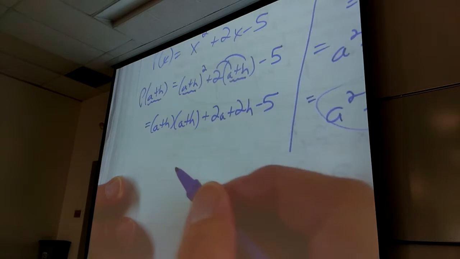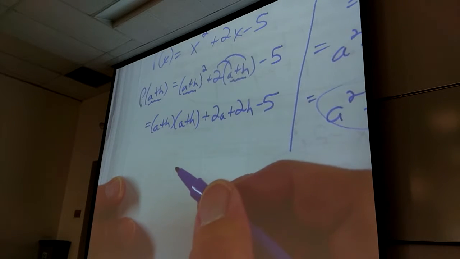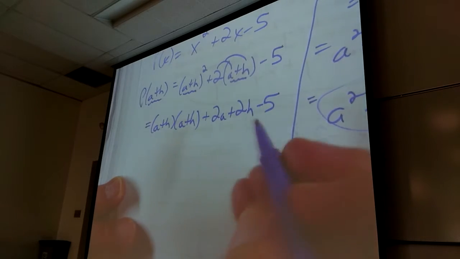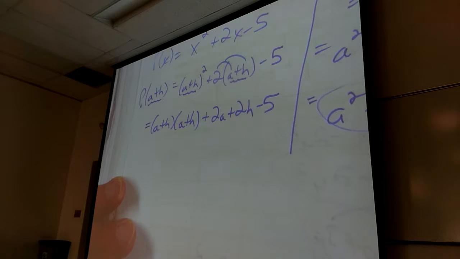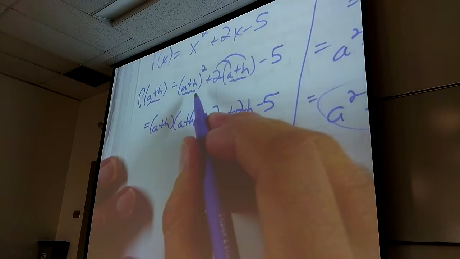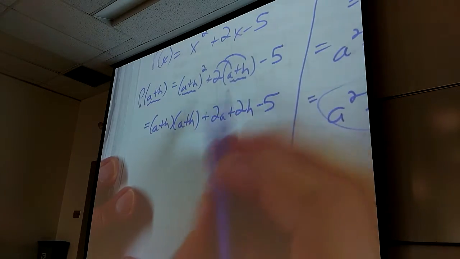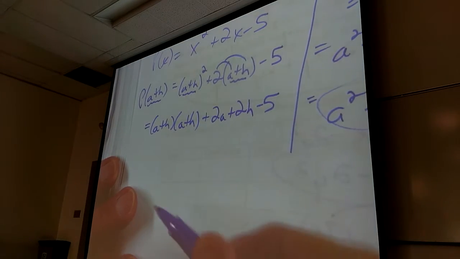So guys, again, when you do the first step, you plug that thing in. What you've done for yourself is you created several little problems. One problem is a plus h squared. Not a big deal. You write it twice, FOIL it out.